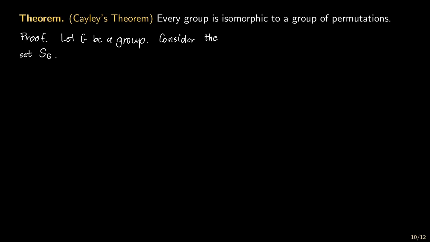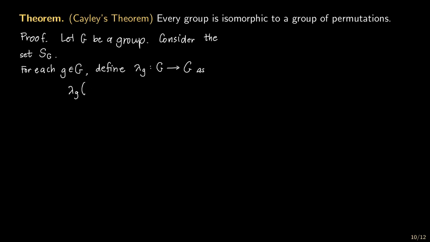So for that, we do the following. For each element of G, let's call it g, I want you to define lambda g from G to G as follows.